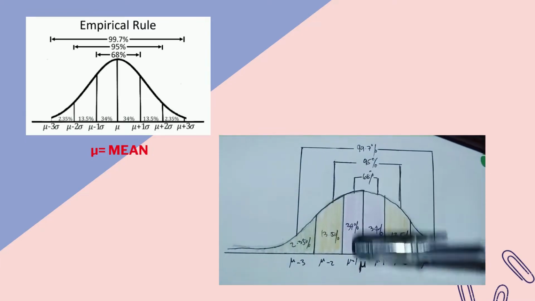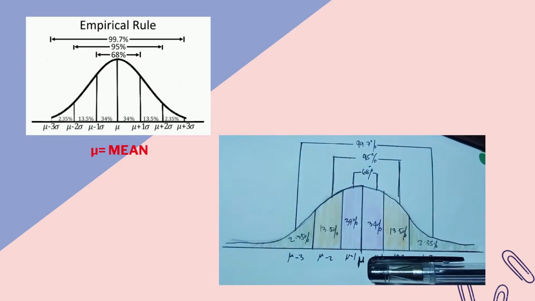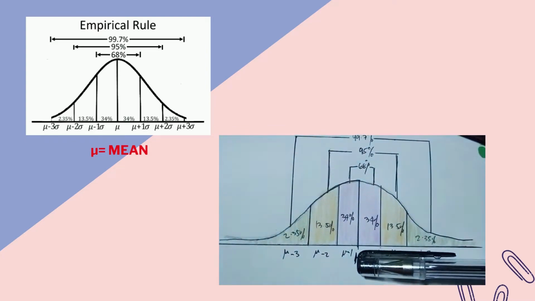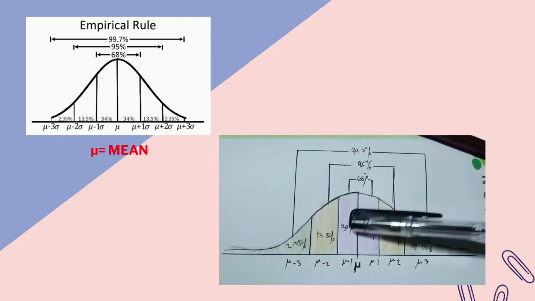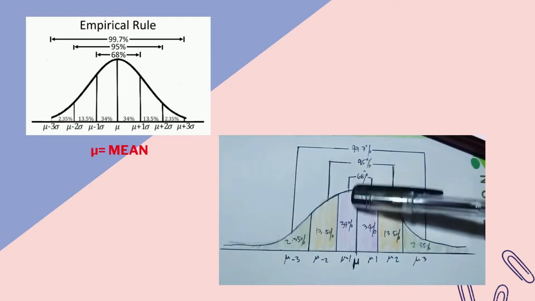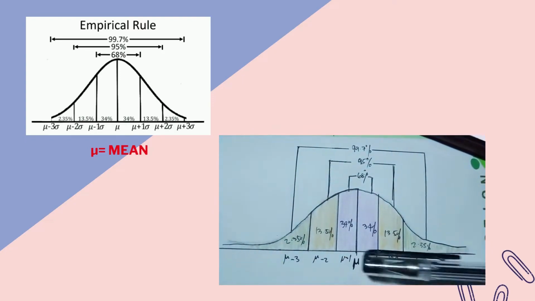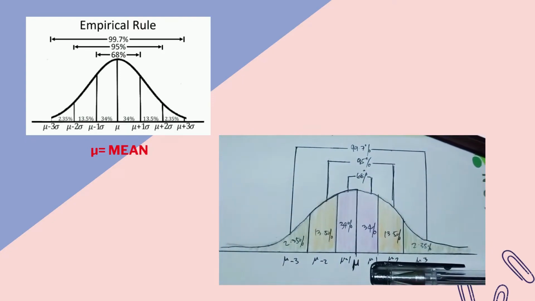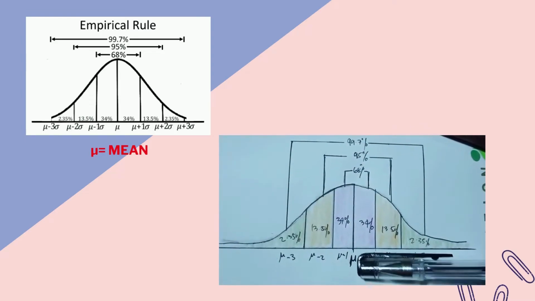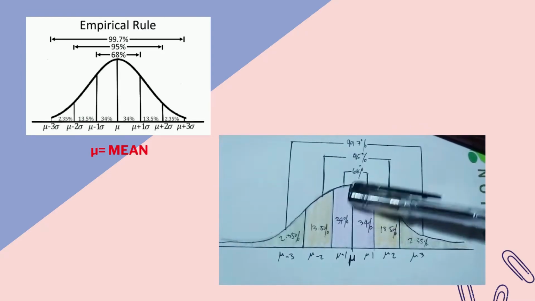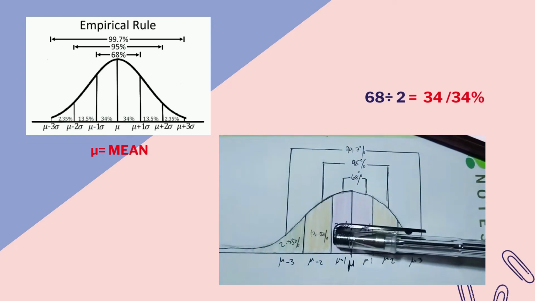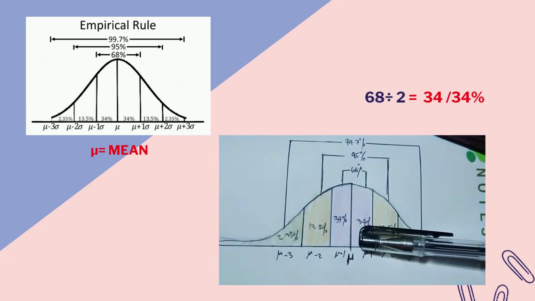And this area is the second, or two standard deviations. So we have here mu minus 2 and mu plus 2. And here, we have 95%. So 95 minus 68% is equal to 27, then divided by 2 is equal to 13.5%.